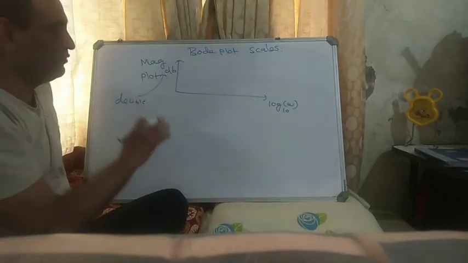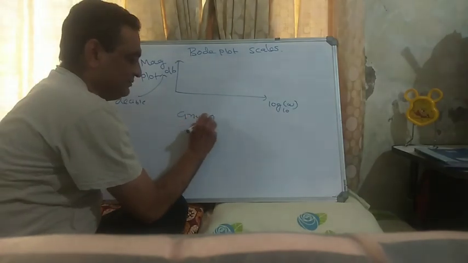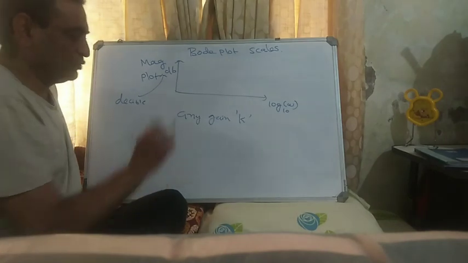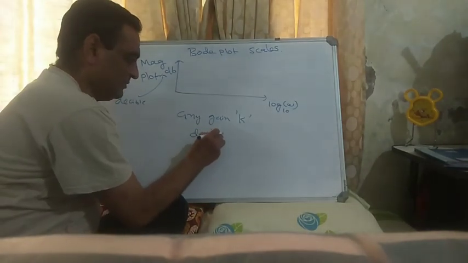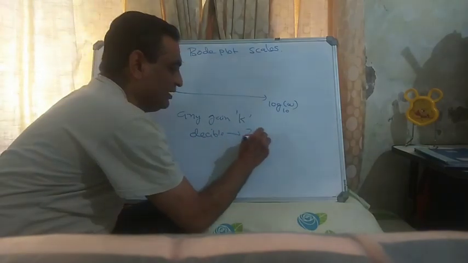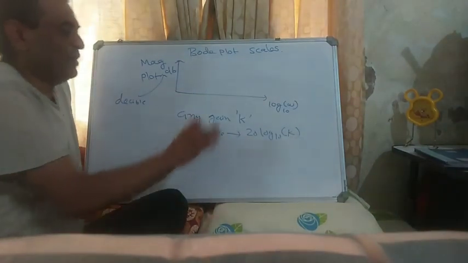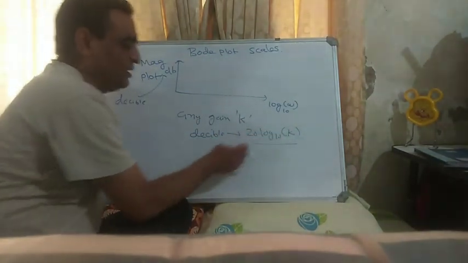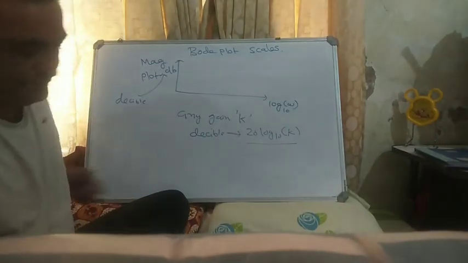I told you how to convert any gain k into its decibel: you need to have 20 log base 10 of k. So if you have any gain k and do this operation, that is 20 log k, the unit of the gain would be in decibel.